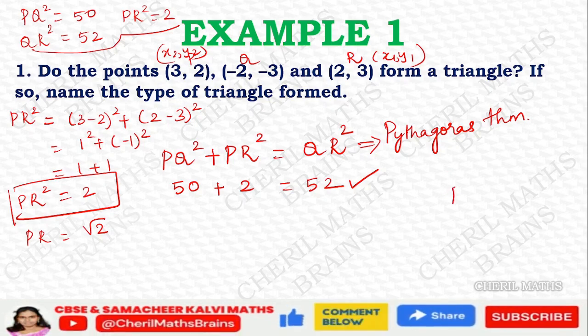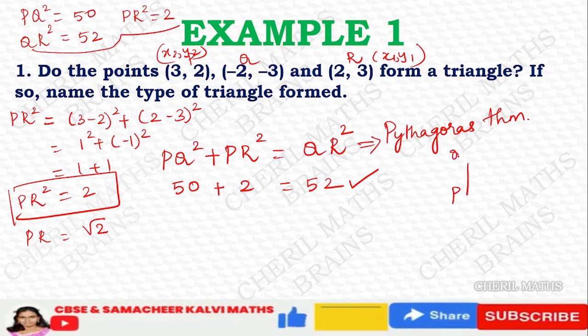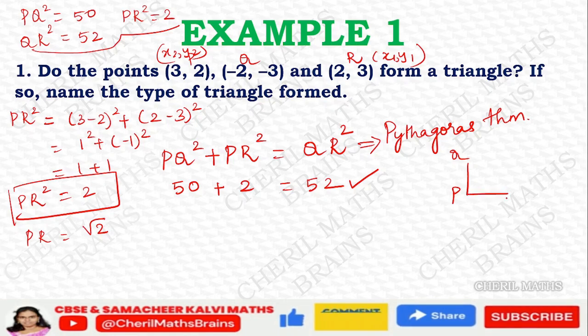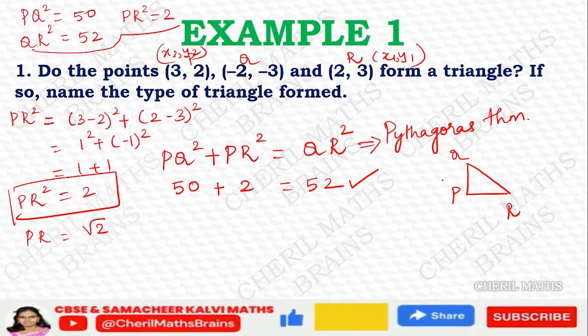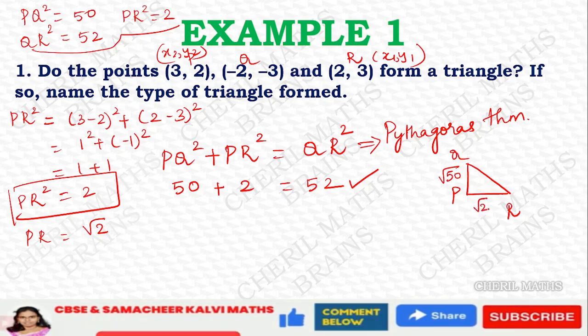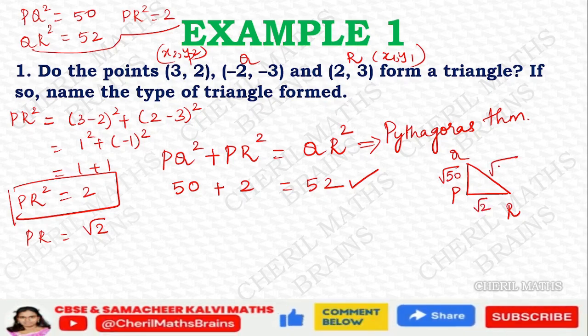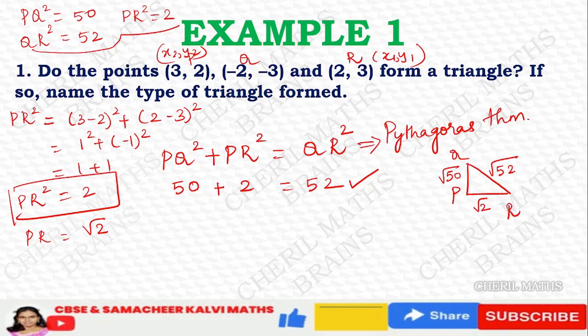If you have P here, your PQ square plus your PR square will be equal to your QR square. So PQ is root 50, PR is root 2, and here you are getting root 52.